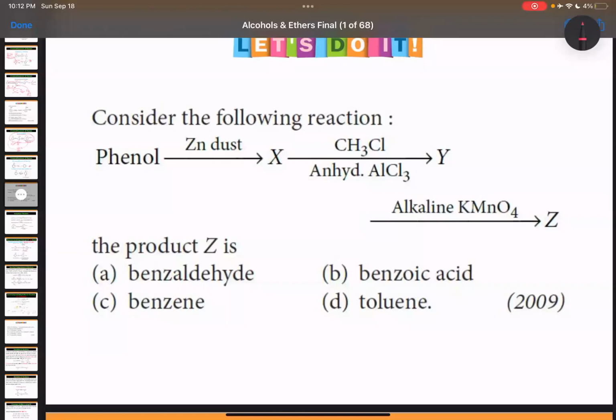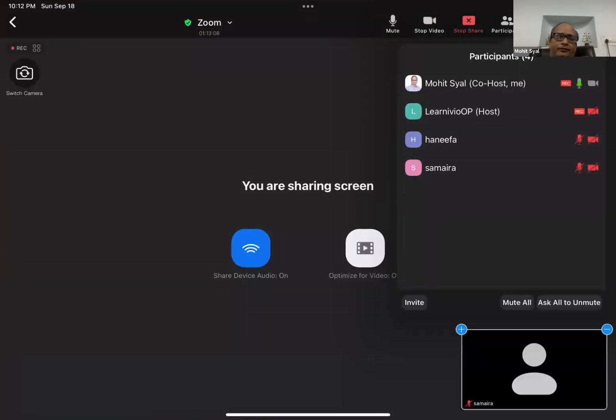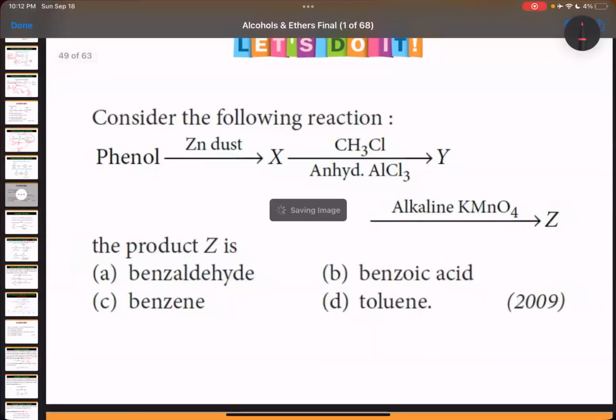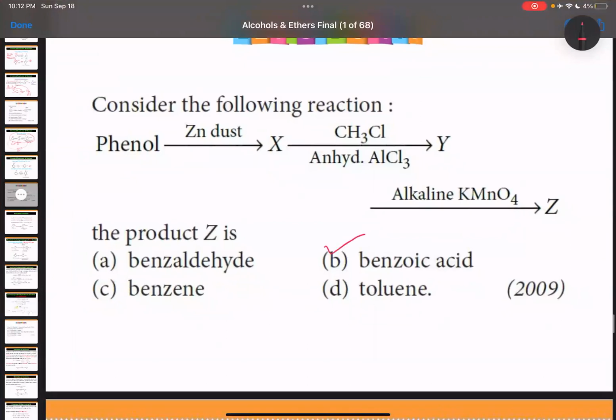What's the answer? So I think B, benzoic acid. So phenol, zinc dust you are taking, that is going to give you benzene.